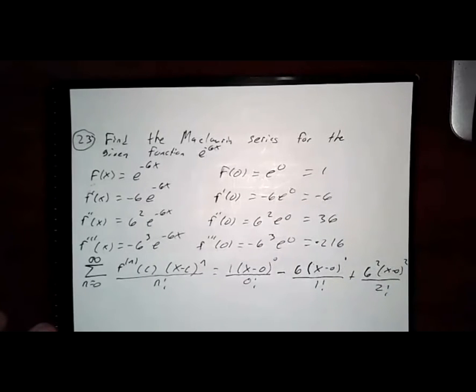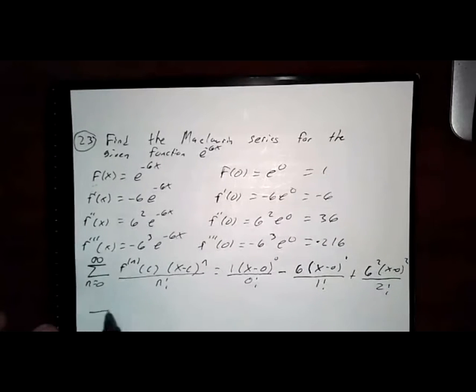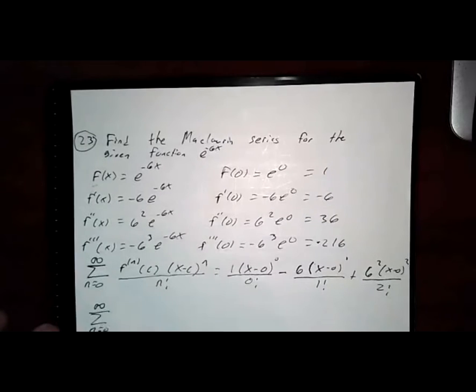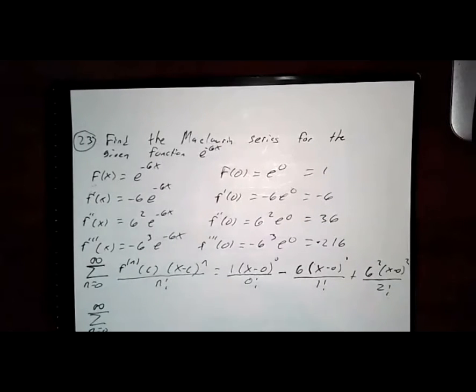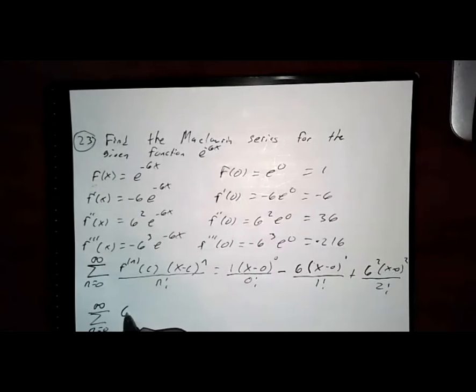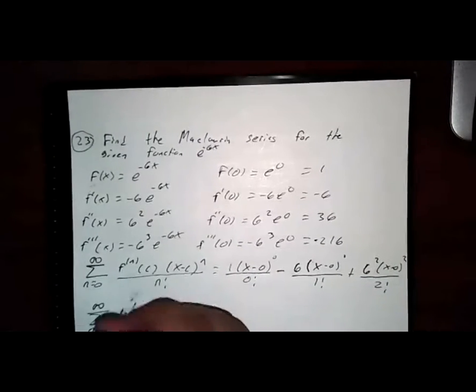So I think I see the pattern here. So the answer based on that pattern will be 6 to the n. Well, actually, let's deal with that negative first, the alternating piece.